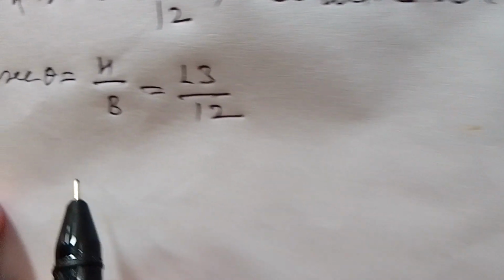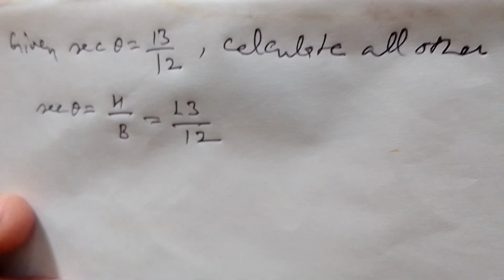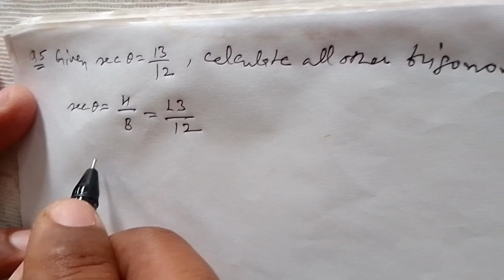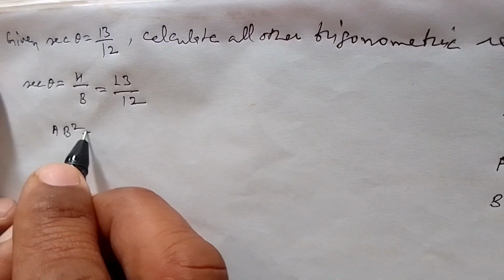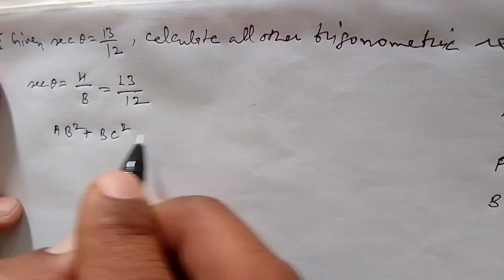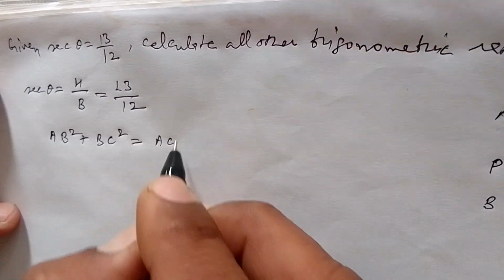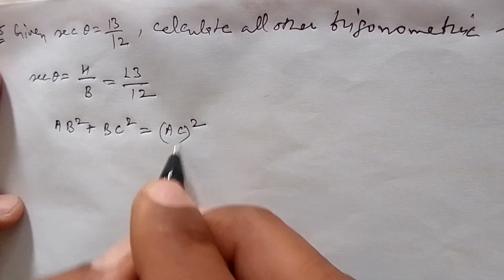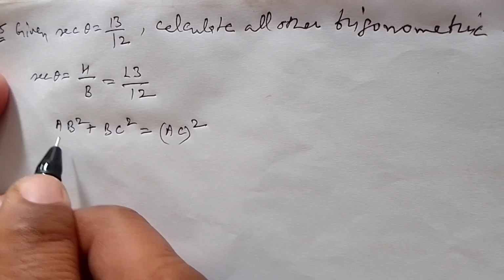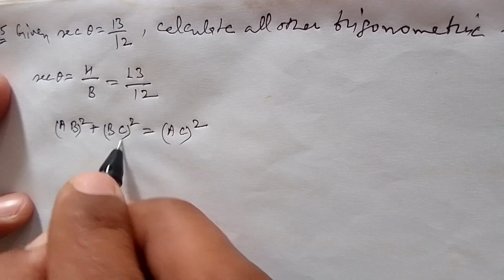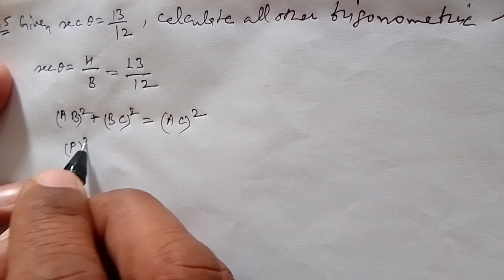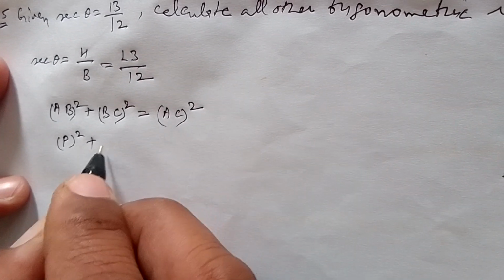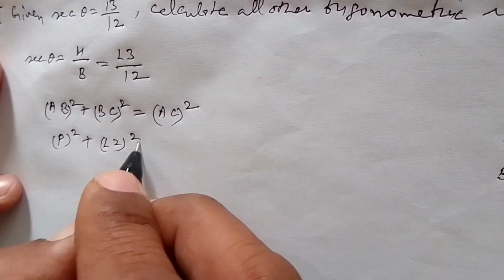So we have to calculate the perpendicular. AB square plus BC square is equal to AC square. We know AB is equal to P, unknown, square plus BC 12 square is equal to AC hypotenuse 13 square.